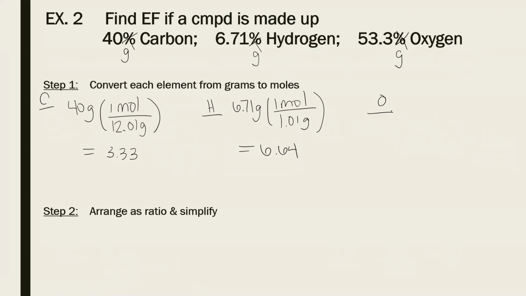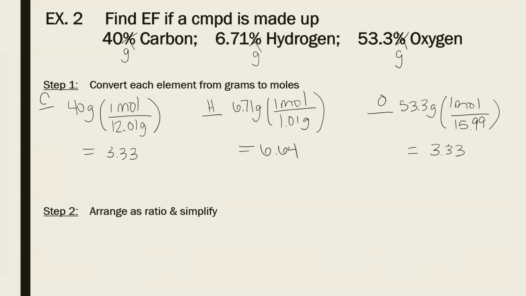And then oxygen. If you want to round oxygen to 16, you can, since it is so close. But for hydrogen, I would still use 1.01. I just don't really like to round these just to be more precise. If you want to use all the decimals that are given to you on the periodic table, that's even better.